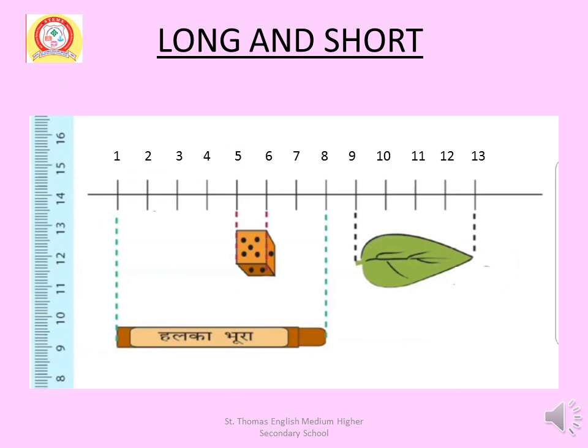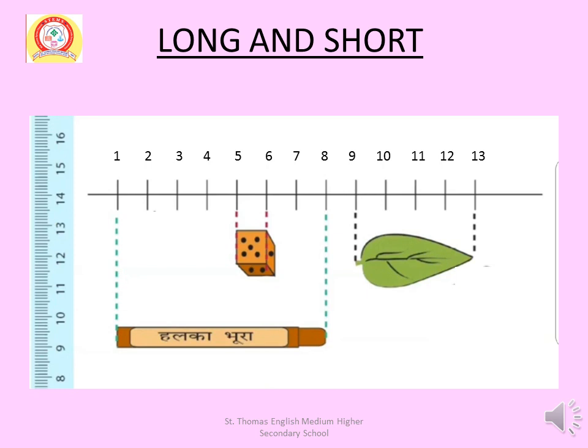Now we will measure the length of a die, a crayon and a leaf. From the picture we can see that the side of the die measures between mark 5 and mark 6 of the ruler, that is 1 division.